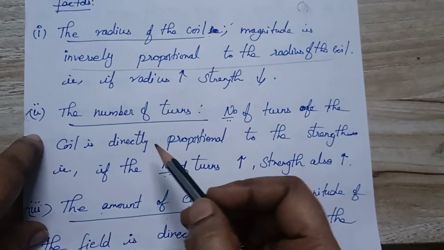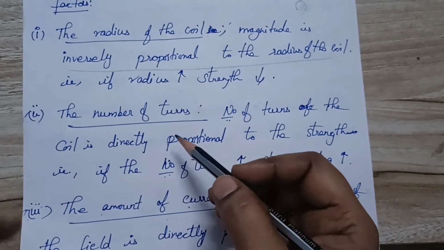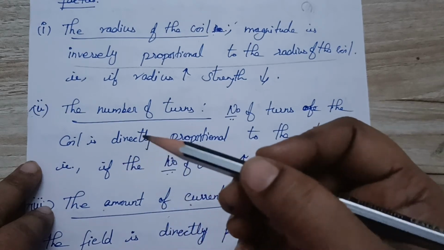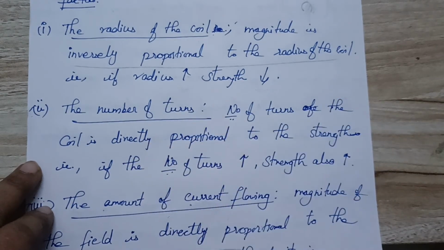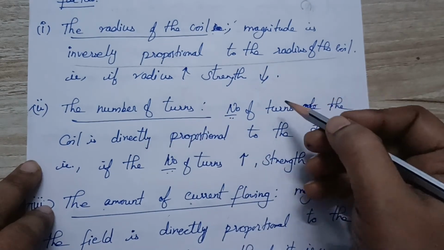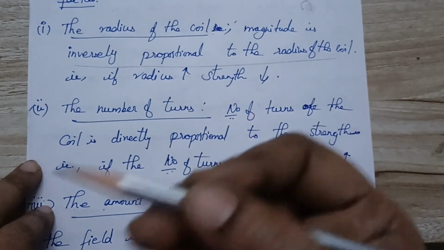And also the number of turns. Only one wire is turned in the form of a circle.